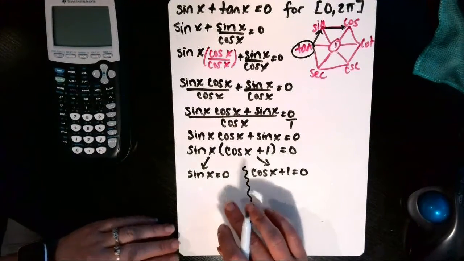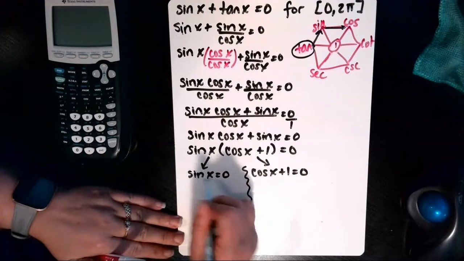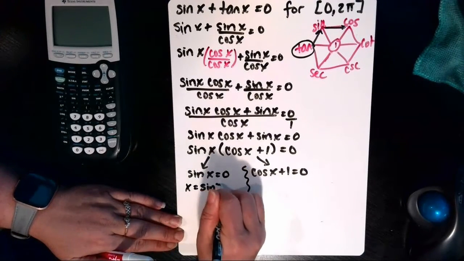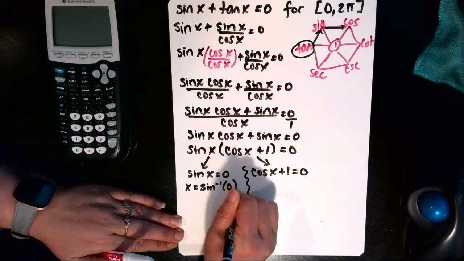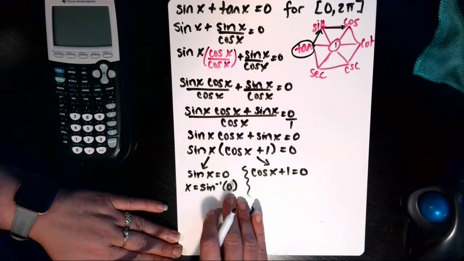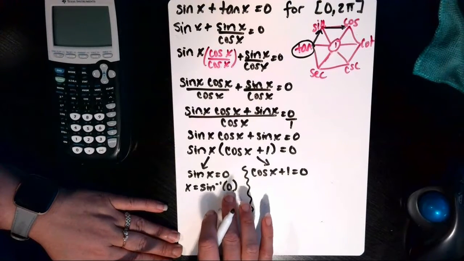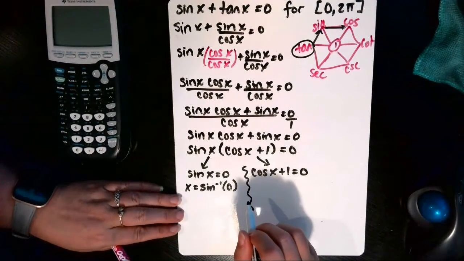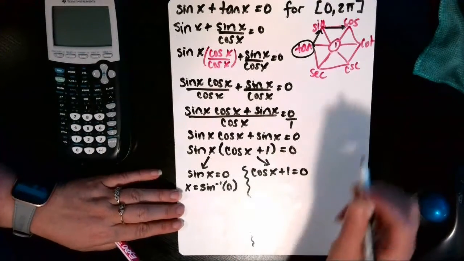So if sine of x is equal to 0, then we take the inverse of both sides, and x is equal to the arc sine of 0. And that's asking the question, where on the unit circle do we have a y-coordinate of 0? That's going to be at 0 and at pi.